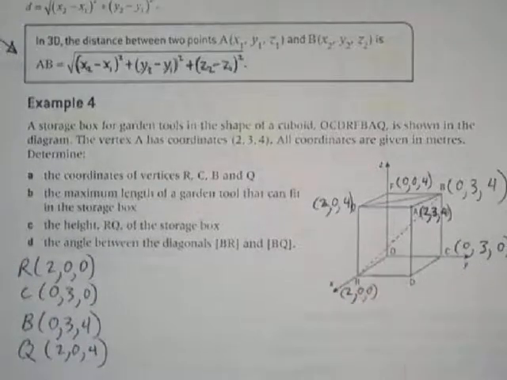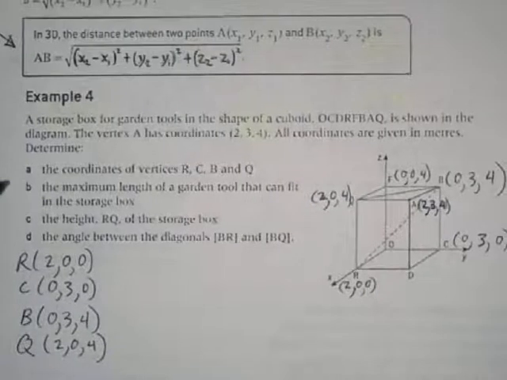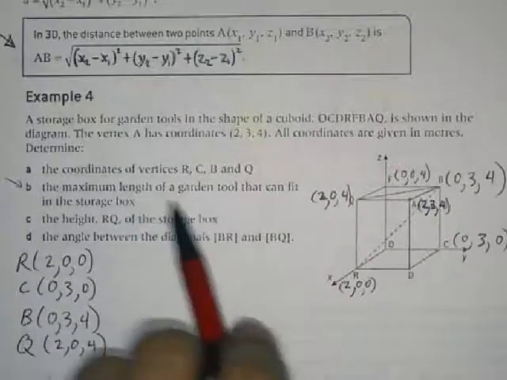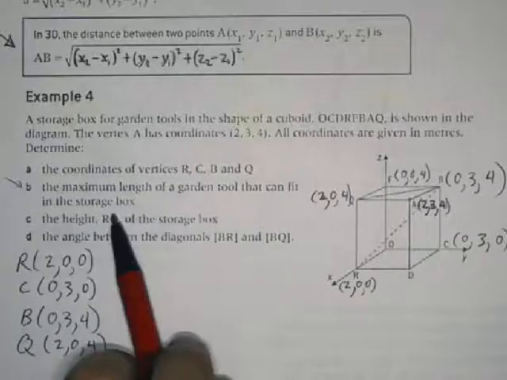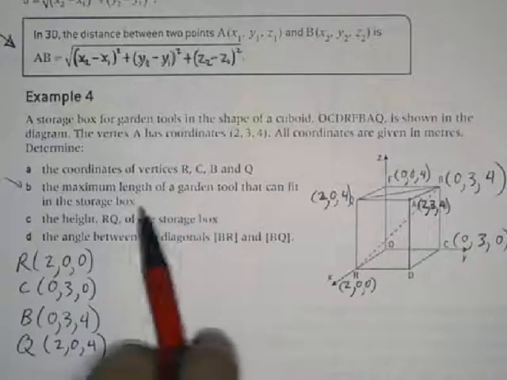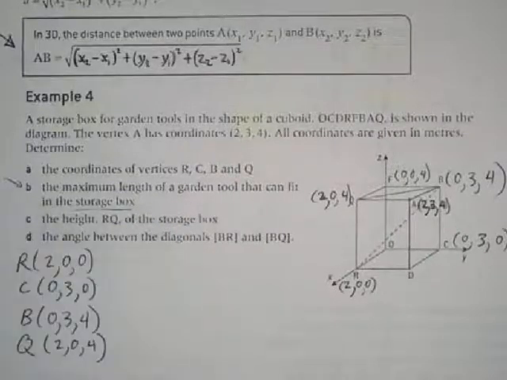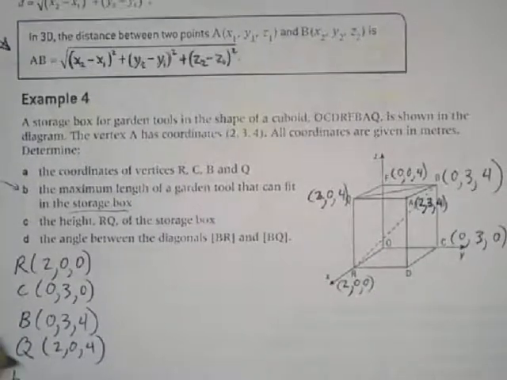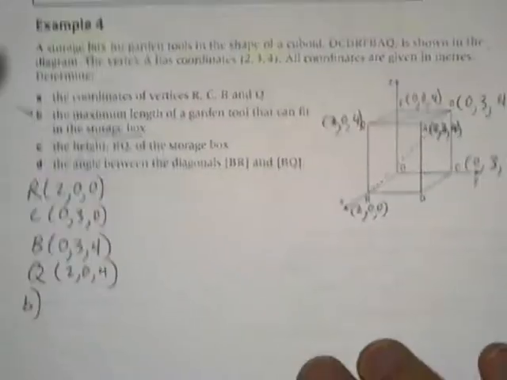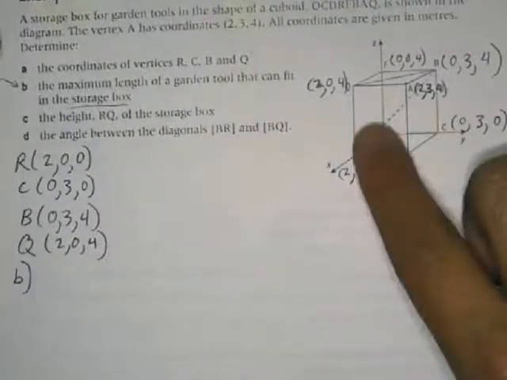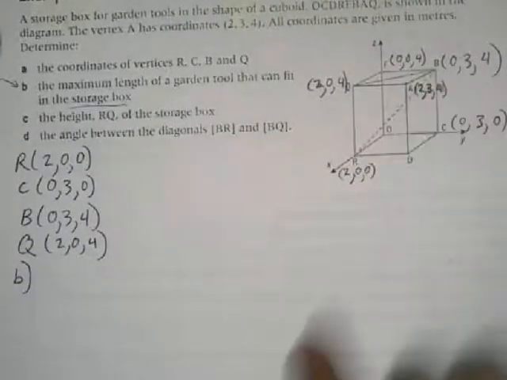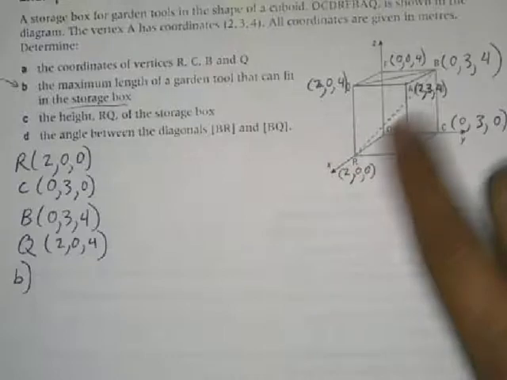Okay, so question B. Find the maximum length of the garden tool that can fit in the storage box. To figure out the length, we're going to have to figure the distance from O to A, right?